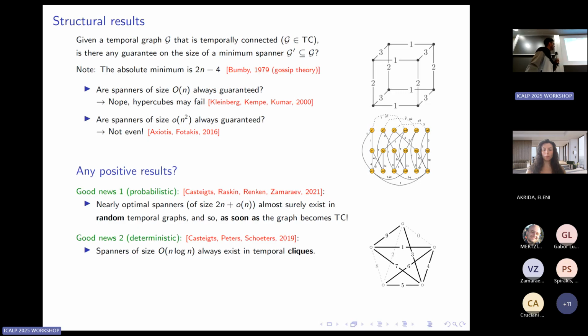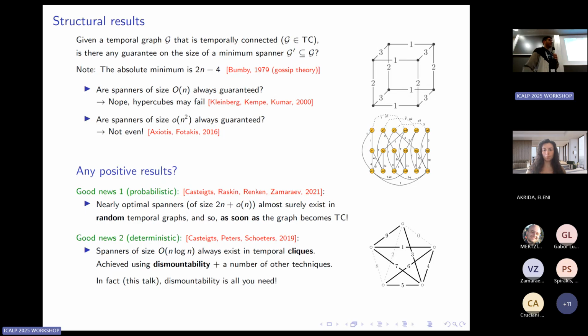Casteigts, Peters and Schoeters proved that in temporal cliques, spanners of size O(n log n) are always guaranteed. This was achieved using dismountability plus a bunch of other techniques. And in this talk we will show that dismountability is, in some sense, all you need for this result.